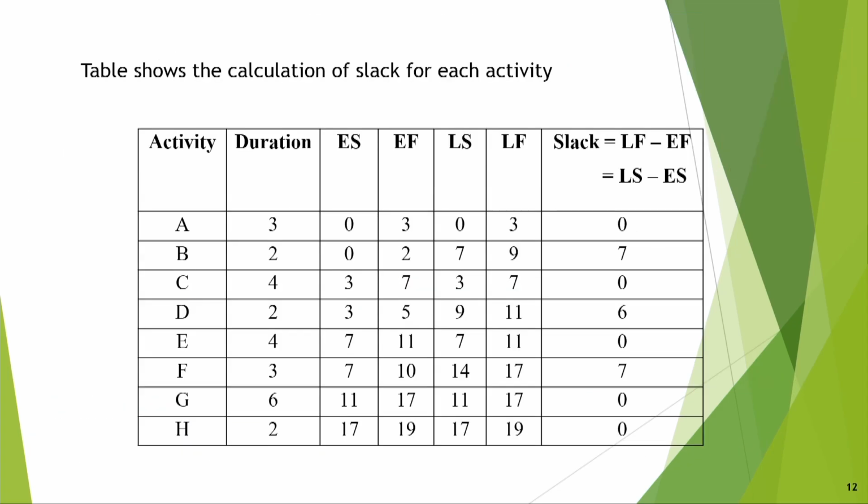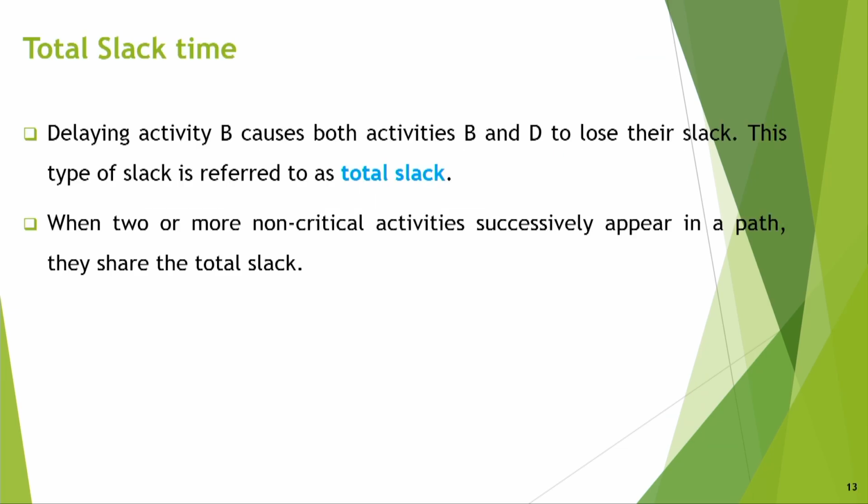So the table shows the calculation of slack of each activity. Slack means float. So you can say slack is equal to LF minus EF, and this is LS minus ES. We can say slack, or we can say float. Now total slack time means what?